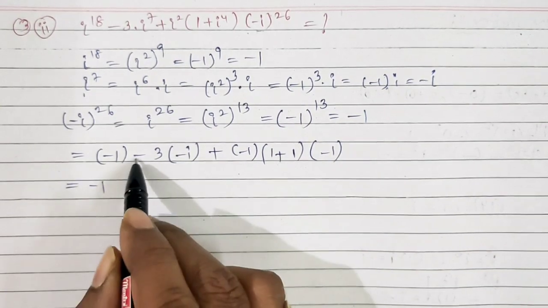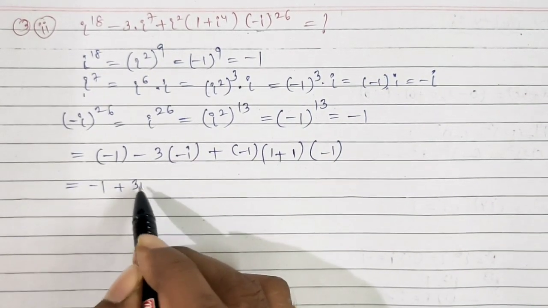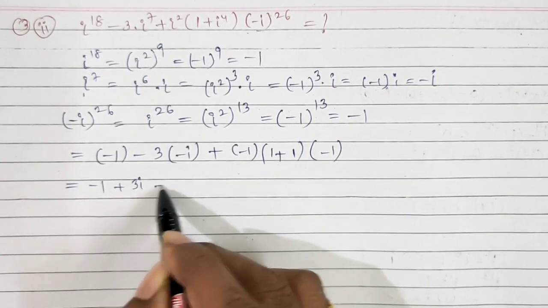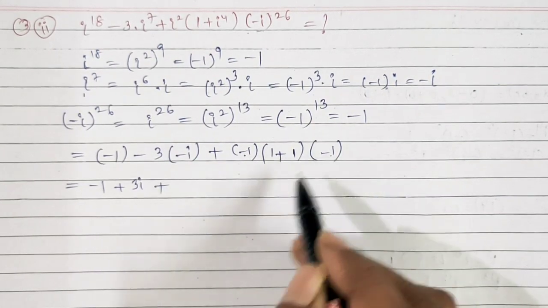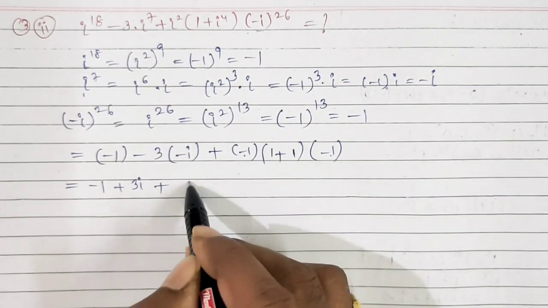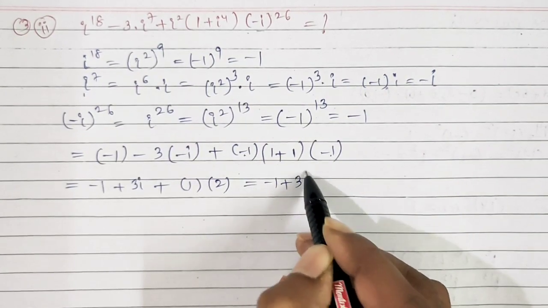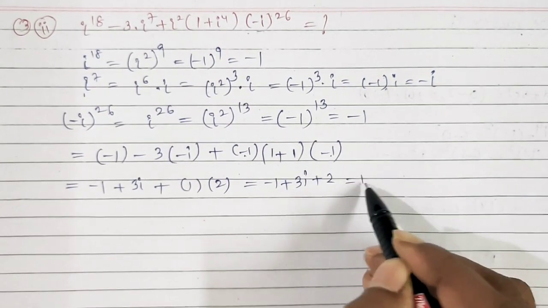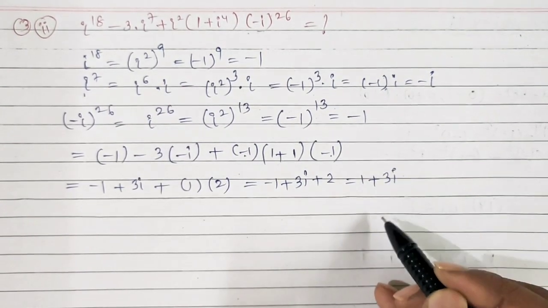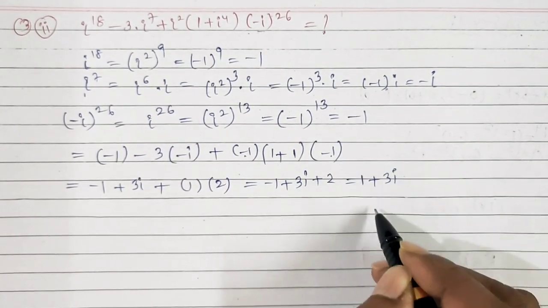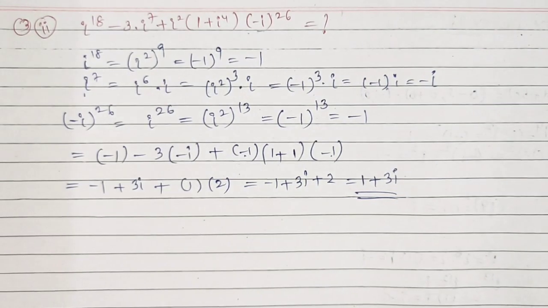Minus 1, minus into minus gives plus 3i, plus minus 1 into minus 1 plus 1 into 1 plus 1 is 2. So finally we get minus 1 plus 3i plus 2, which is equal to 1 plus 3i. So the final answer is 1 plus 3i.